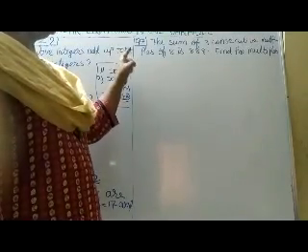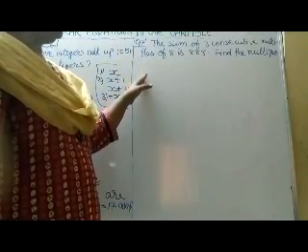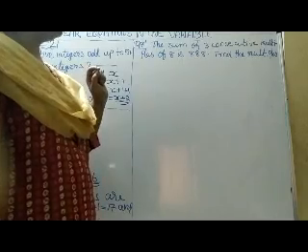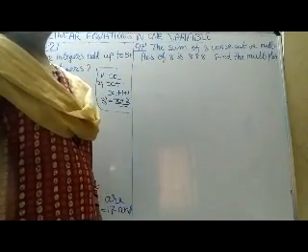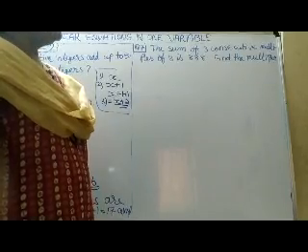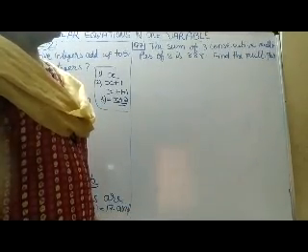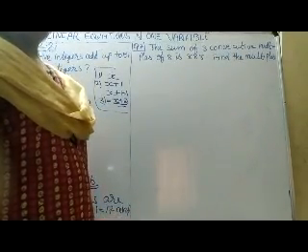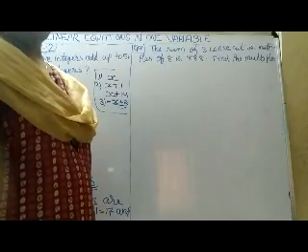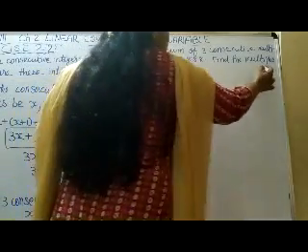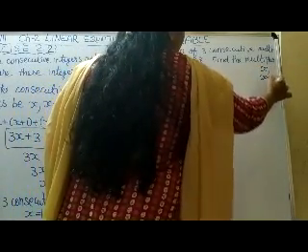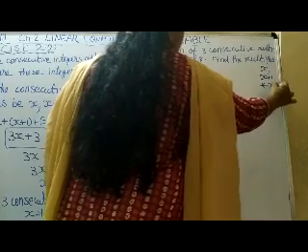Next, question number 7. The sum of three consecutive multiples of 8 is 888. Find the multiples. First we take three consecutive multiples of 8. We know three consecutive numbers we take as x, x plus 1 and x plus 2.